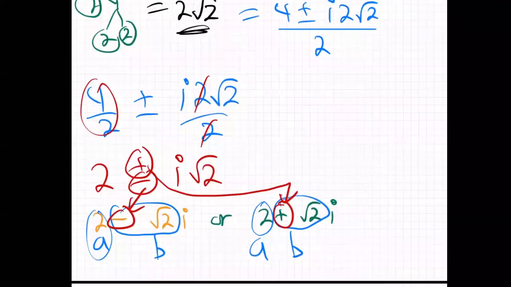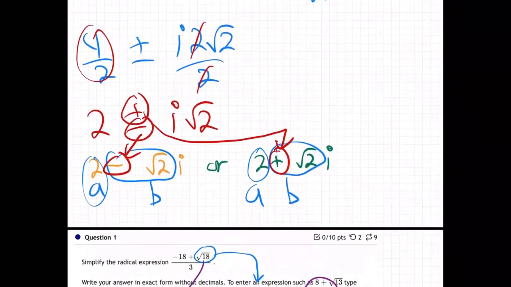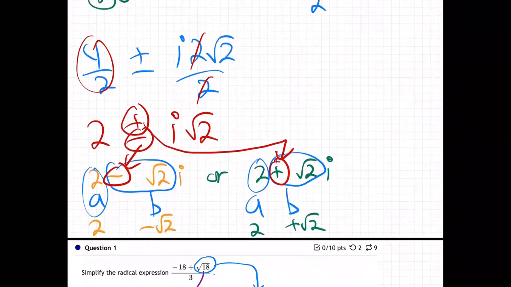Like that. See that? And then I can identify the A and the B. The A and the B are the first part and then the part in front of the root. So A here is 2, B is negative root 2. The A over here is 2 and the B is positive root 2.